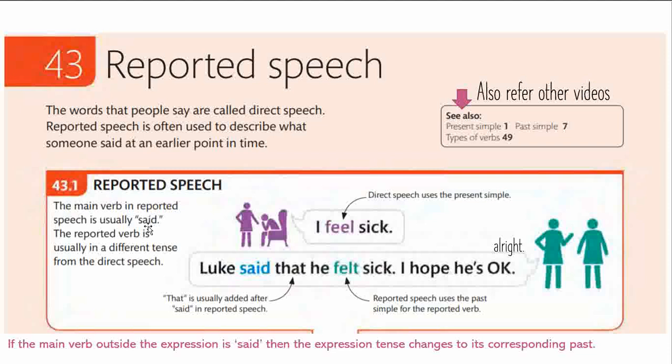It is only when you have this word said outside, he said, she said, the teacher said, that the rules of tenses apply. The reported verb is usually in a different tense from the direct speech. It's the key word. If you have said outside, you have the permission to change the tenses in the speech marks, and that has its own standard rules of changing tenses. For example, now over here someone said, "I am sick."